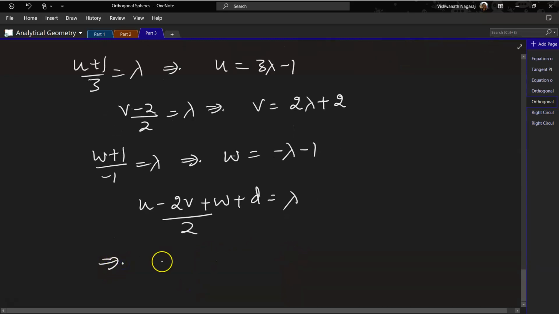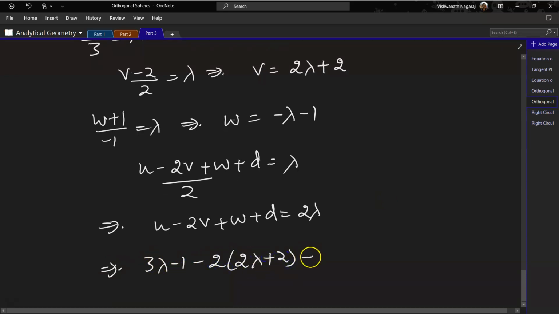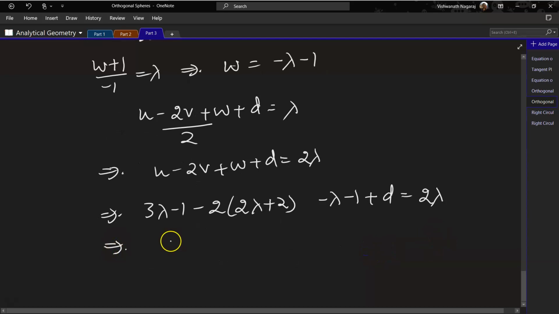This can be written as u minus 2v plus w plus d is equal to 2 lambda. Now let's do the substitutions. u is 3 lambda minus 1, so 3 lambda minus 1 minus 2 times (2 lambda plus 2) plus (minus lambda minus 1) plus d equals 2 lambda, which is 3 lambda minus 1 minus 4 lambda minus 4 minus lambda minus 1 plus d minus 2 lambda equal to 0.